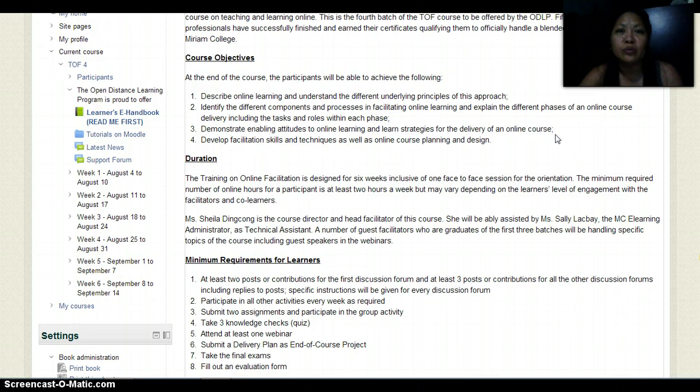So we hope to learn some tricks here on how to make our online classes fun and exciting despite being more difficult and self-directed for our students. And lastly, we would like to develop facilitation skills and techniques as well as online course planning and design. You will be required to submit an end of course project, which is a delivery plan of an online class.